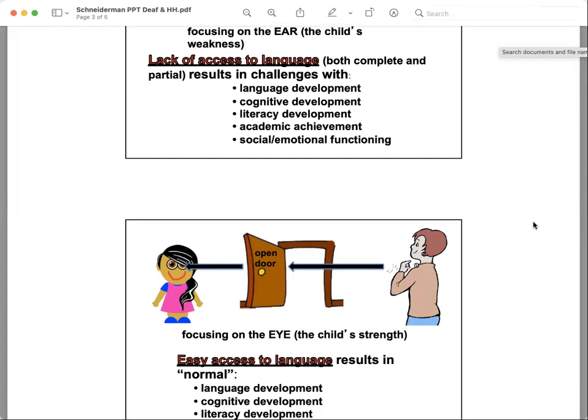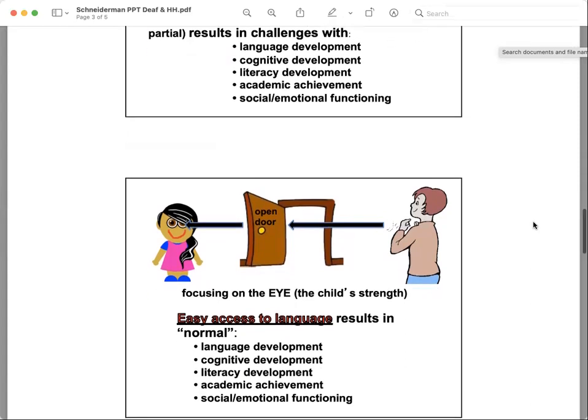We know this from studies of deaf children of deaf parents, or deaf children with hearing parents who've chosen to use American Sign Language for their deaf children. They have easy access to language, which results in normal language development, normal cognitive development, normal social emotional development, and much stronger literacy and academic development with English as a second language.